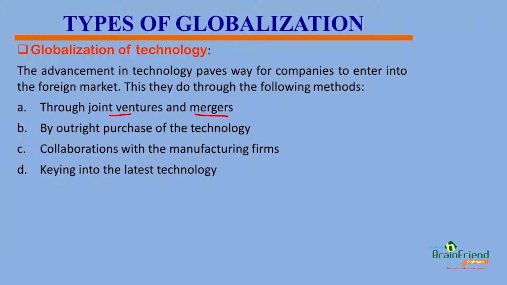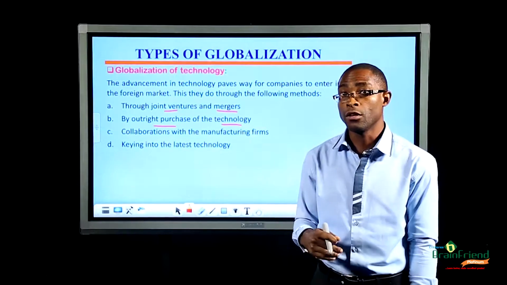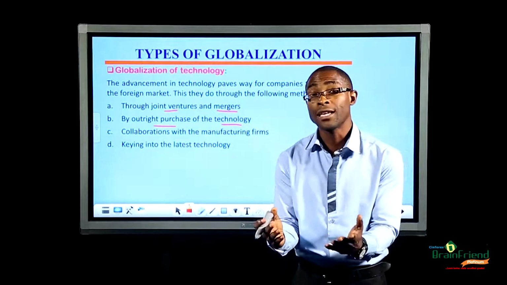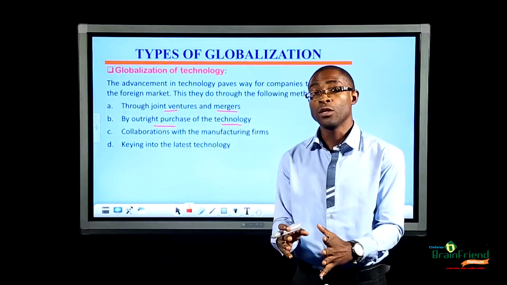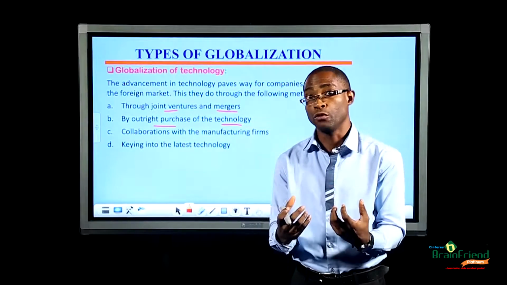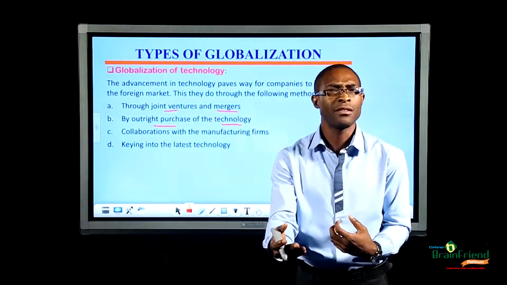Secondly, it is done by outright purchase of the technology. Now, you find out that you have an idea that could bring solutions to problems. Now, when you bring this idea, basically what most businesses do is that they try to buy the idea from you. They know that you don't have the capacity to implement this idea.